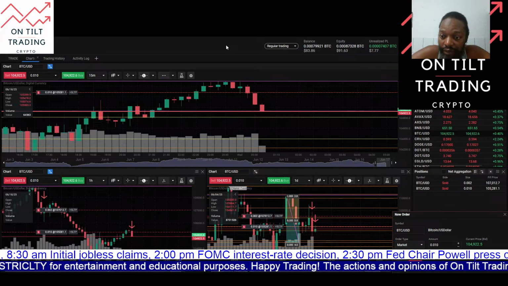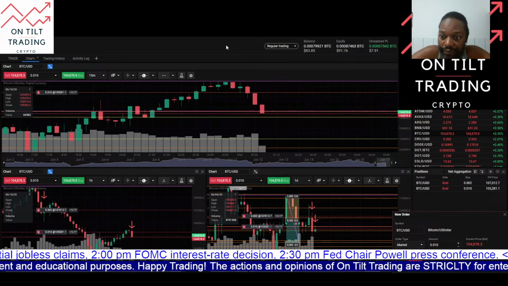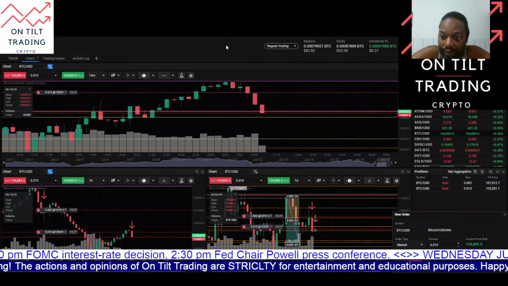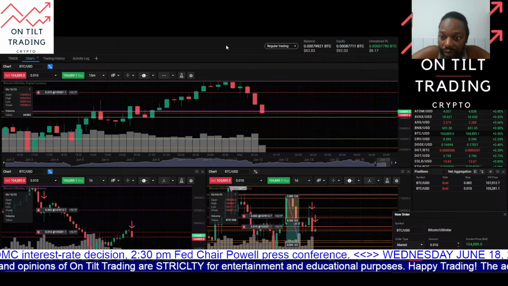Price being delivered to the sell side currently, and a test and a break of the 104,900 level.